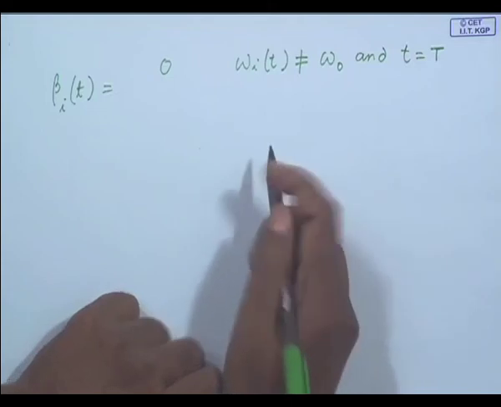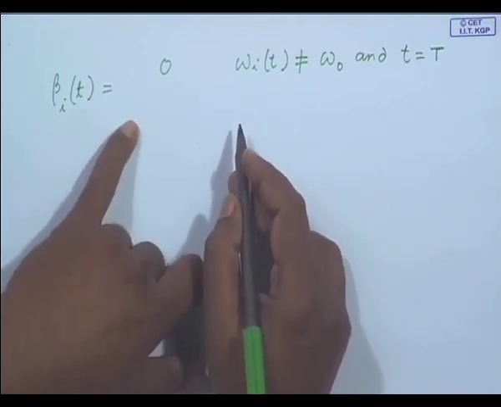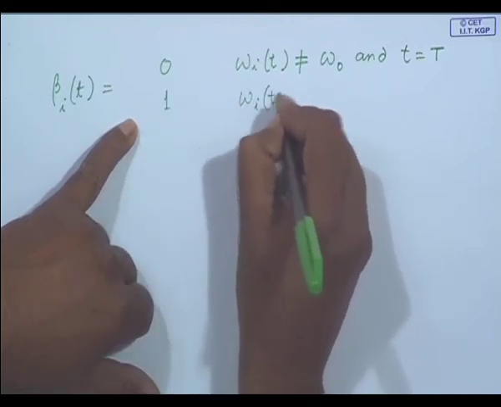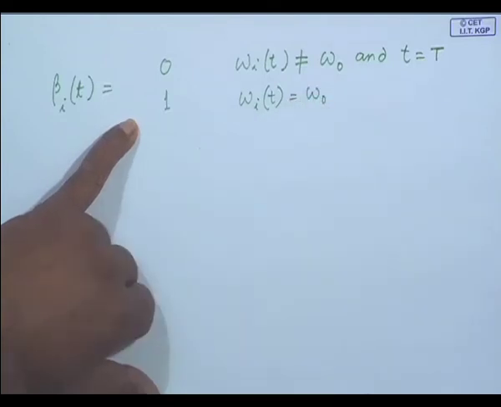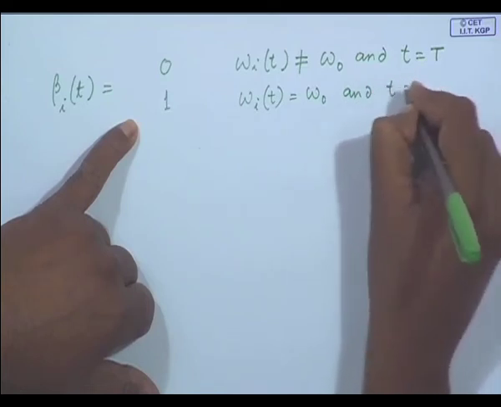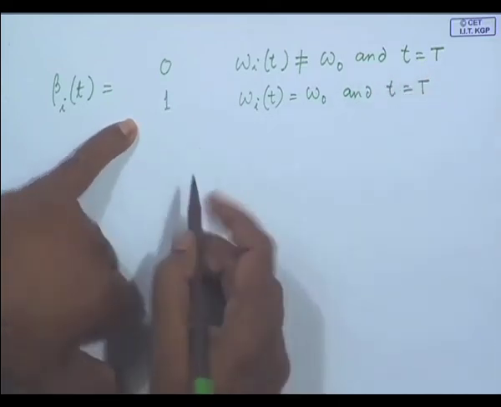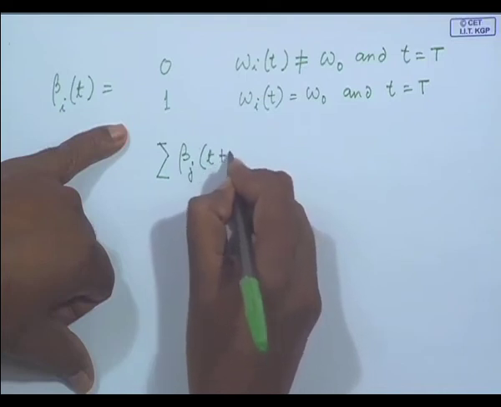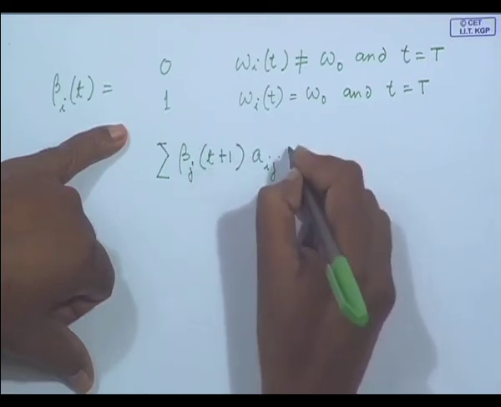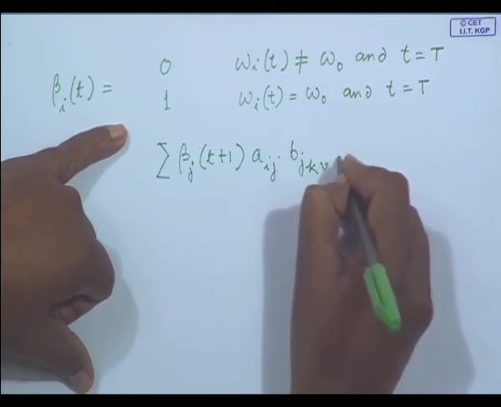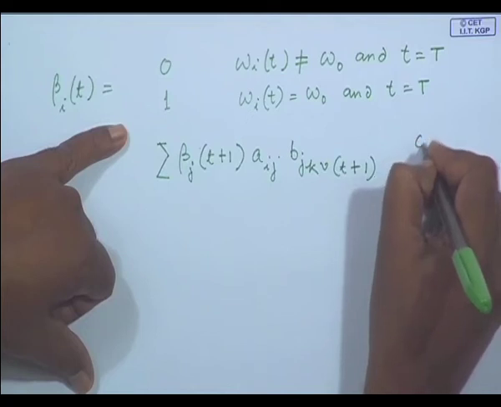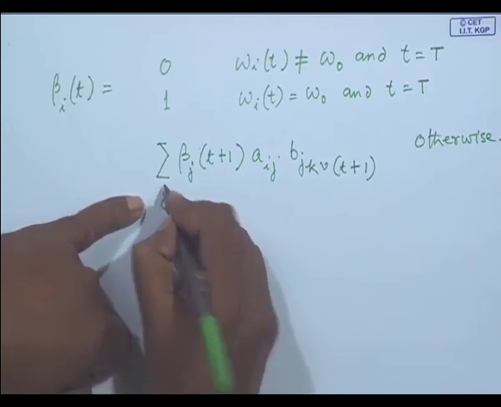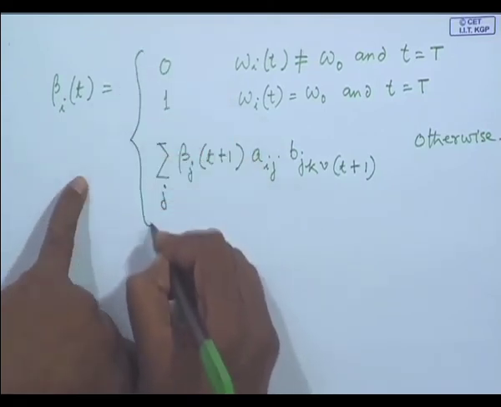So, if this condition is not true, then beta it will be equal to 0, and beta it will be equal to 1 if omega it is the final absorbing state omega 0 and t is equal to capital T. In all other cases, this beta it will be the sum of beta j t plus 1 into a ij into b jk v t plus 1, where the summation has to be taken over all j. So, this is the definition of beta jt.